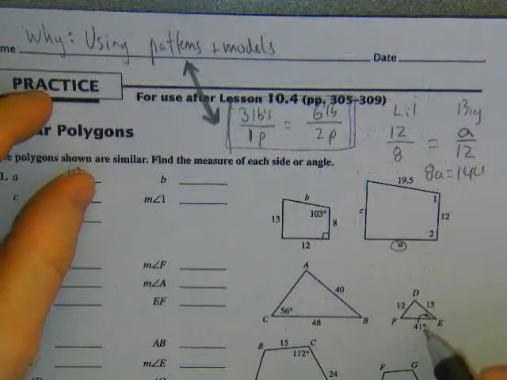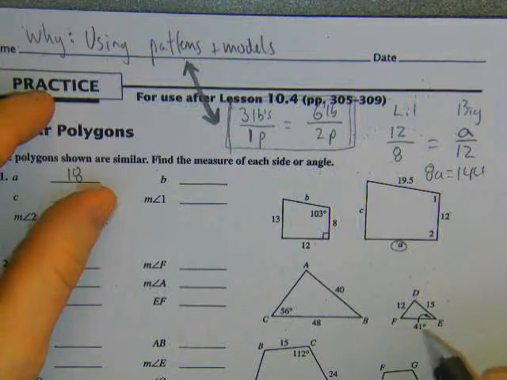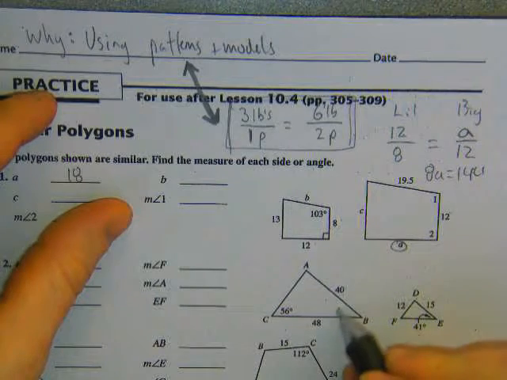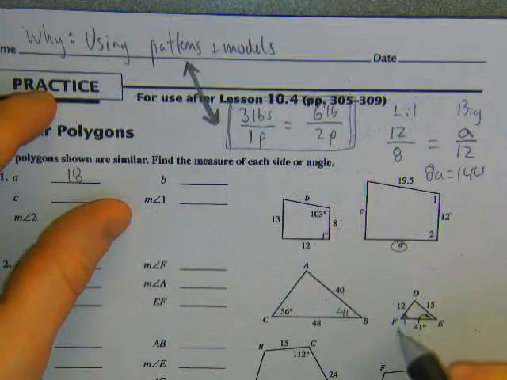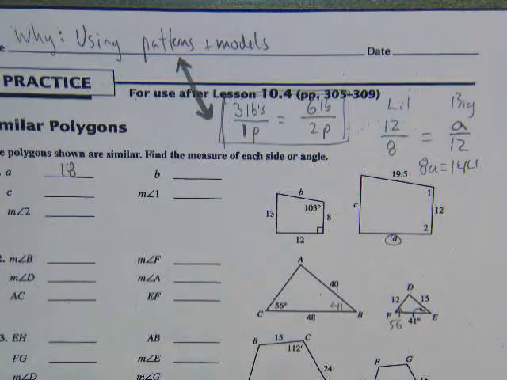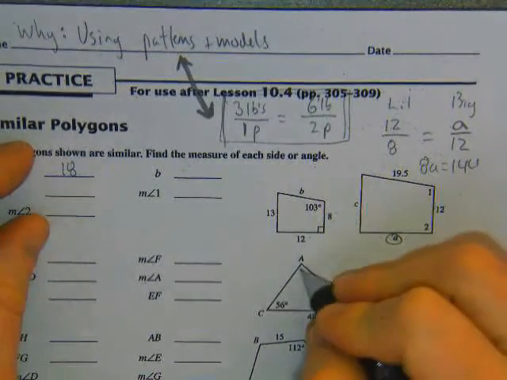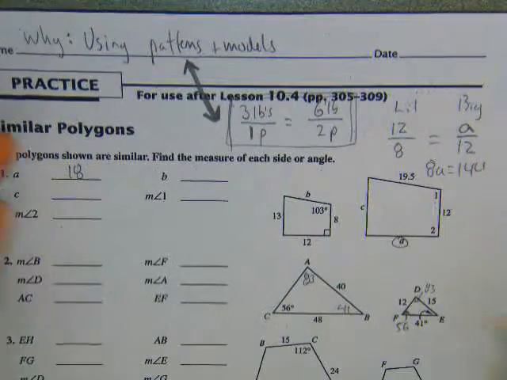Now let's look at the angles. 41 here, 41 here. The angles stay the same. 56 here, 56 here. The 3 sum up to 180, so it's 180 minus 56 minus 41. I got 83. Now it's just plug it in.